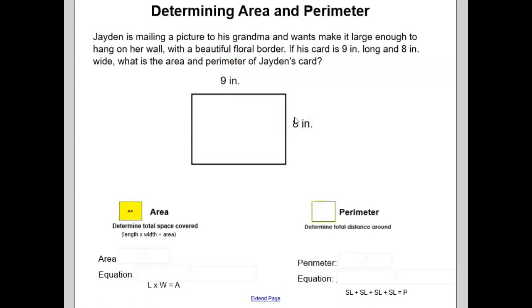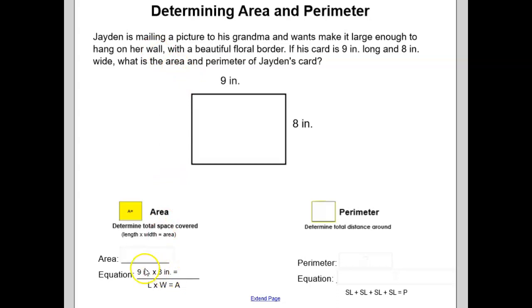Please start by drawing Jaden's card on your paper and labeling each side length. Fantastic. Now, would you please write the equation that you're going to use to determine the area of his card, the total space covered by Jaden's card? Yes, your equation would be 9 inches times 8 inches.